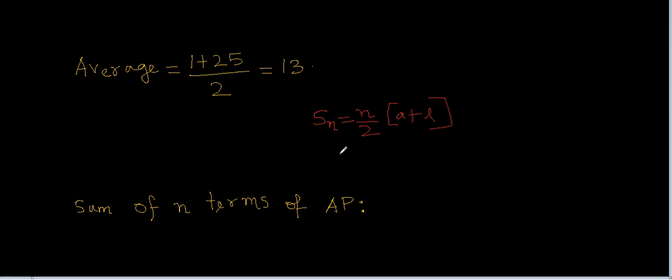So if we divide the sum by the total number of terms, we get (a plus l) by 2. This is nothing but the average. This is what we have done here.